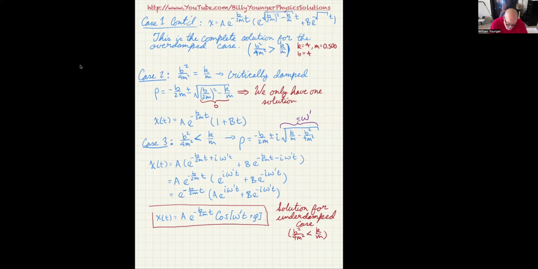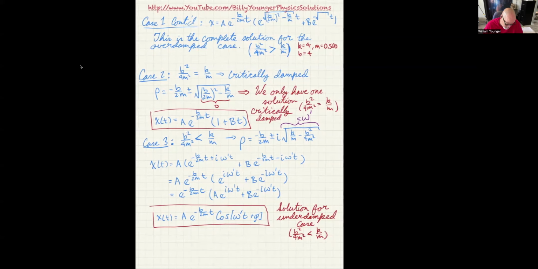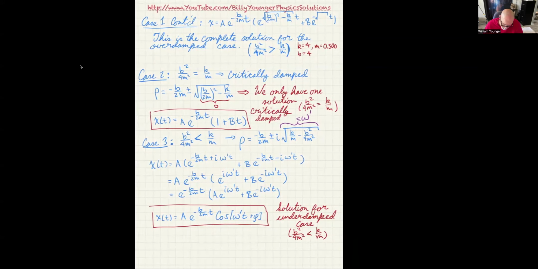Similarly, we found that this solution right here is for critically damped, which we realize corresponds to b squared over 4m squared is equal to k over m. And then we also have the solution for case one, which is overdamped, and that is this solution right here.